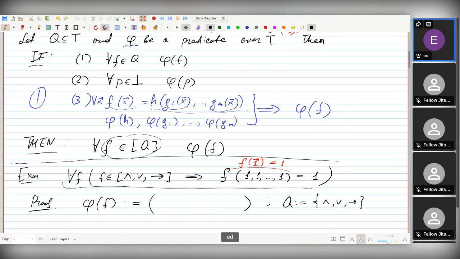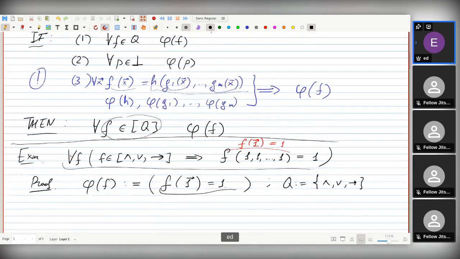Which statement? In which statement am I interested? Oh no, it is just our equation. Is it clear now? This thing is either true or false for every given function. And I want to prove that for every function computable from conjunction, disjunction, and implication, this property will hold. Is it clear?